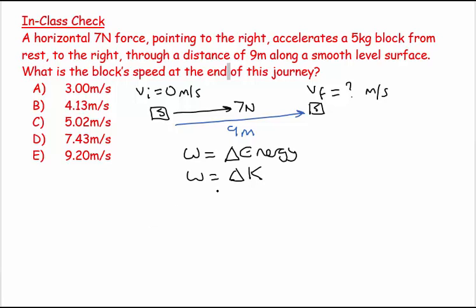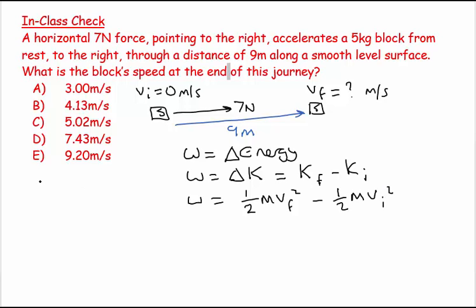It's the work energy principle. So my change in kinetic energy is my K final minus my K initial, and I can expand that and say that's 1/2 m V final squared minus 1/2 m V initial squared.